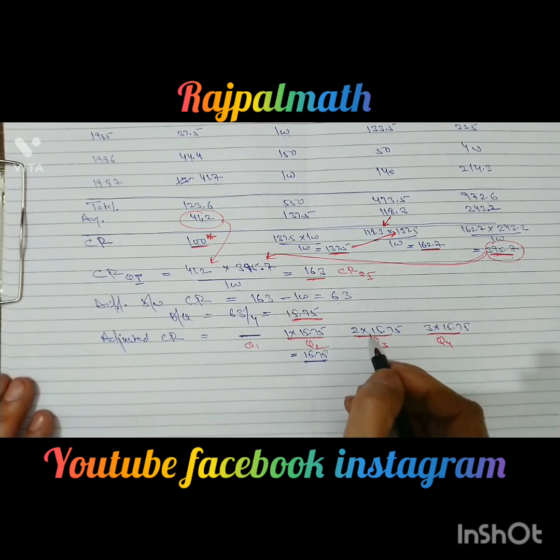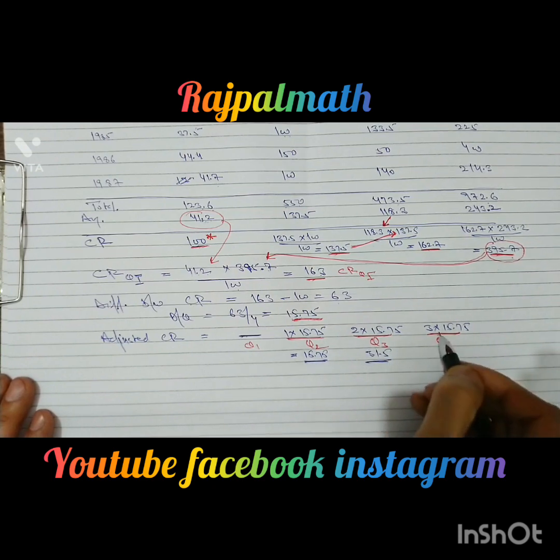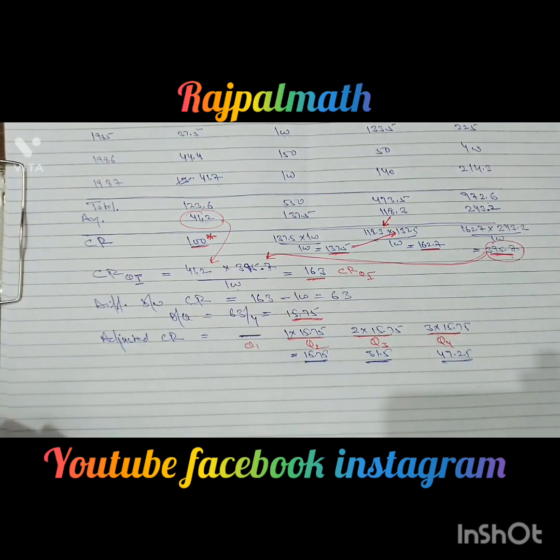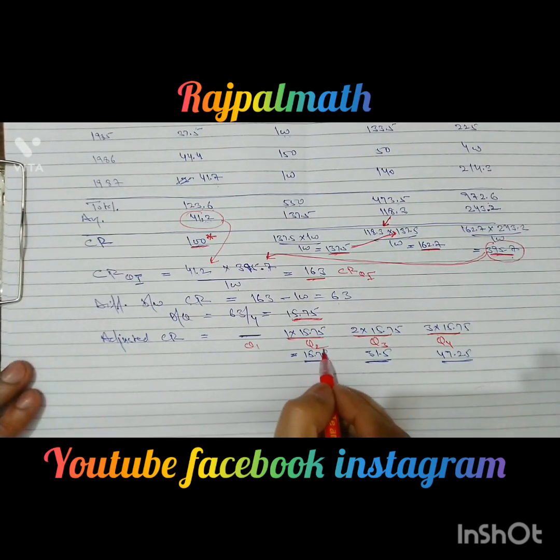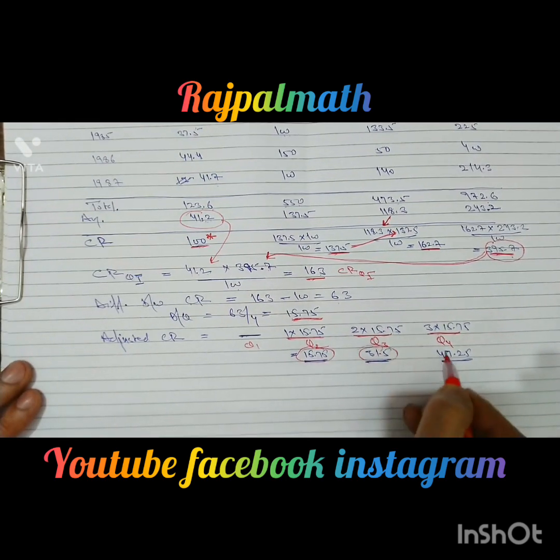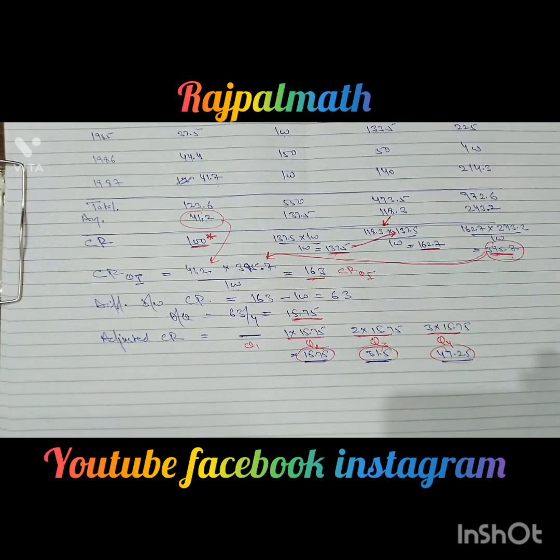Next, 2 into 15.75 is 31.5. Then 3 into 15.75 is 47.25. These are the adjusted CR values for quarter 2, quarter 3 and quarter 4.